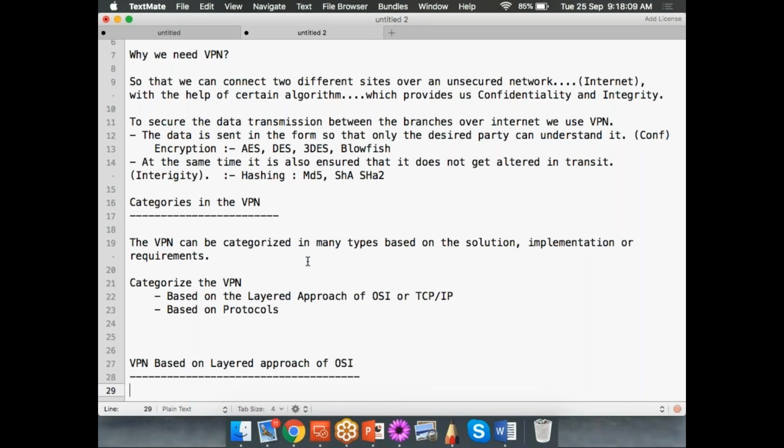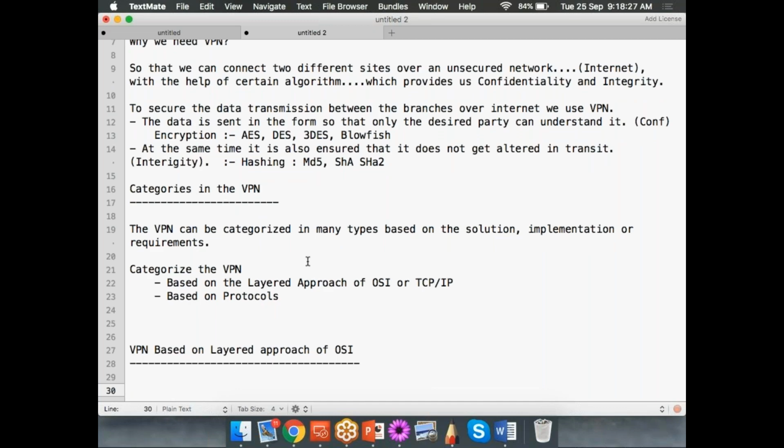Why we require VPN? To connect two branches to achieve the confidentiality as well as integrity. How we do achieve them? There are multiple algorithms. The VPN is basically being categorized on the basis of two, based on protocols as well as based on the layered model architecture. So I'm first going with VPN based on layered approach of the OSI.